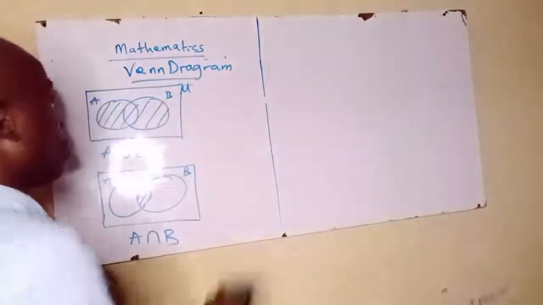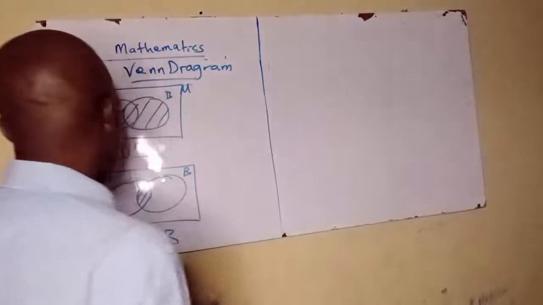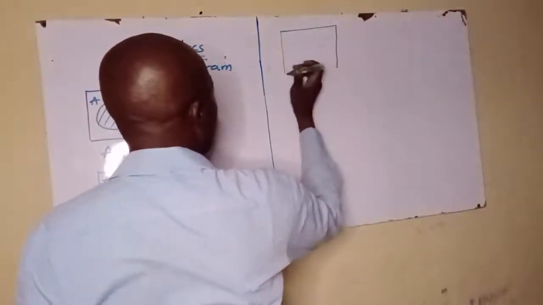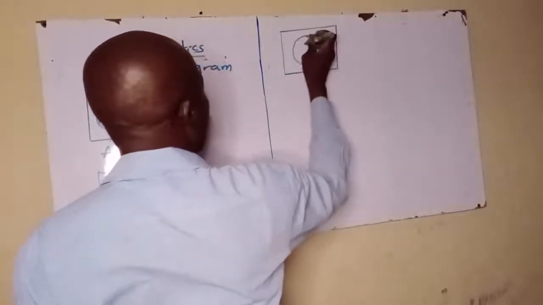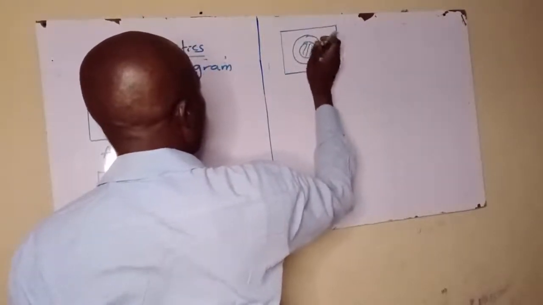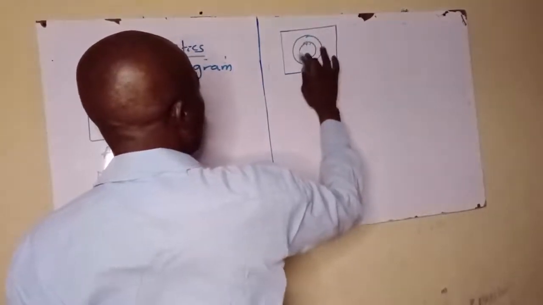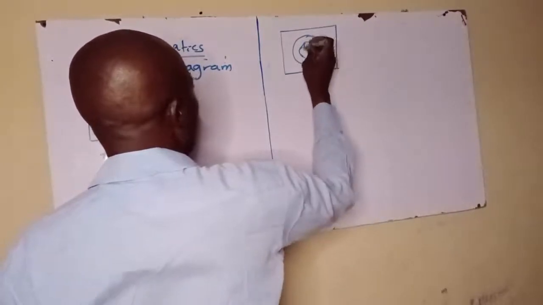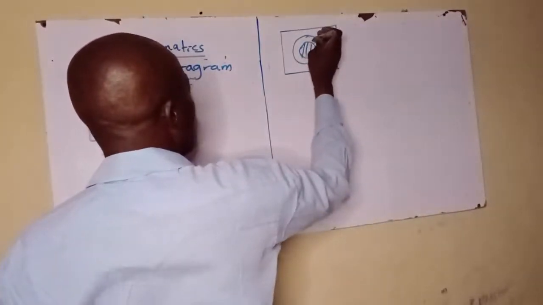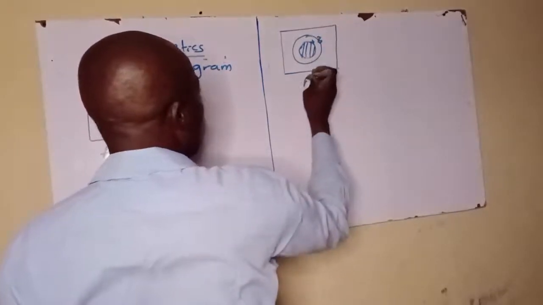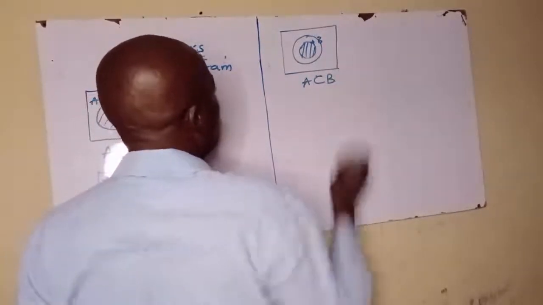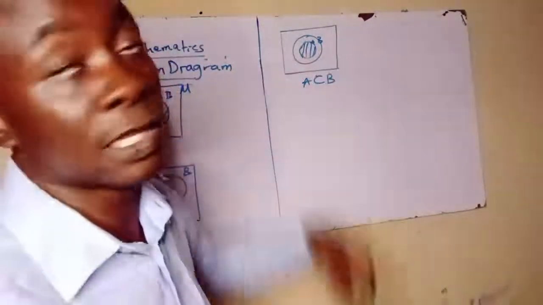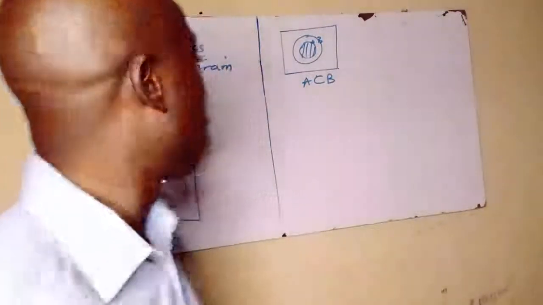Now let's quickly go to another one. Maybe this is A and this is B. So that means A is a subset of B. So this A now is a subset of B, because it's inside this B that you have your A. Now let's take another one.